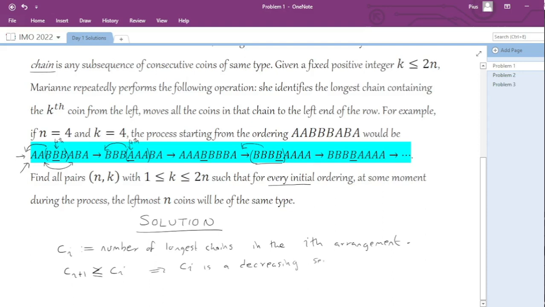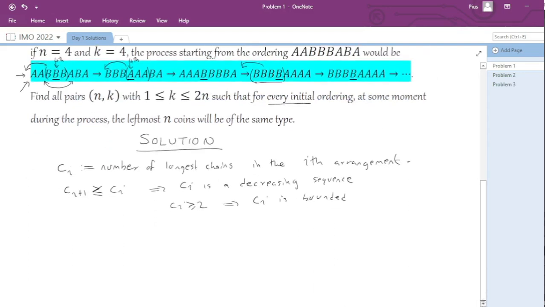And since we are counting a number of chains, certainly we have to have at least 2 chains, one for A, one for B. So we have that this is greater than or equal to 2. So that means Ci is bounded. So we get a decreasing bounded sequence, meaning that it's going to have a limit.